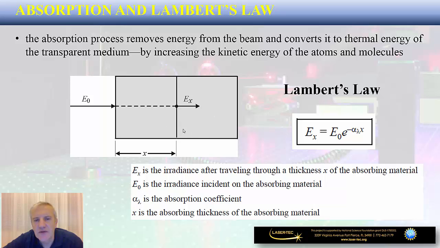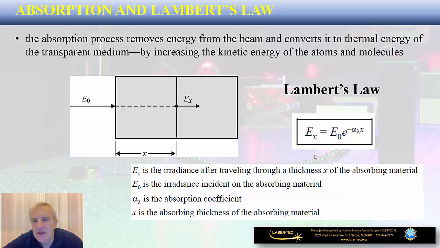For different types of materials that this optical window is made out of, you're going to have a different absorption coefficient. And another factor in the exponent is the quantity x, which represents the thickness of the absorbing material, or thickness of this optical window.